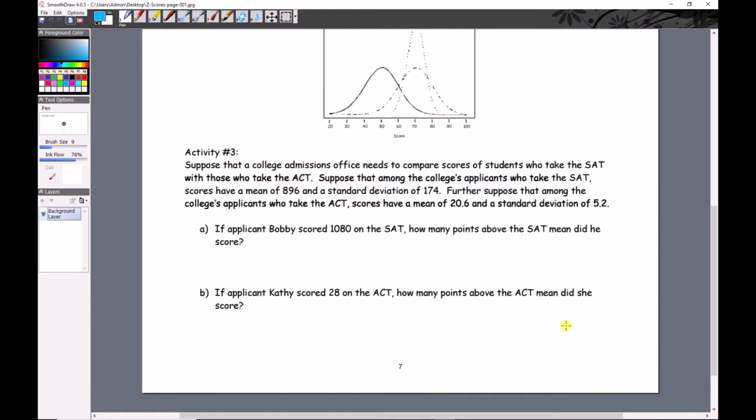Suppose that among the college applicants who take the SAT, scores have a mean of 896 and a standard deviation of 174. Let's record that.